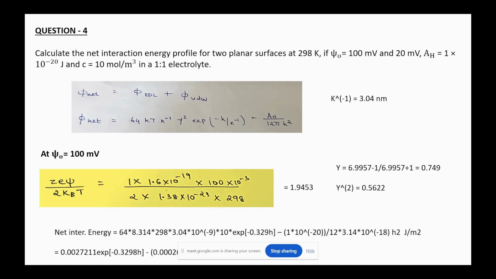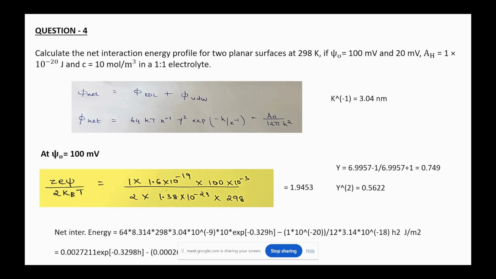Together, those two are what you call the net interaction energy. Again, I'm repeating: one is the van der Waals forces of attraction, and the other is the interaction between the electrical double layers from the planar surfaces.